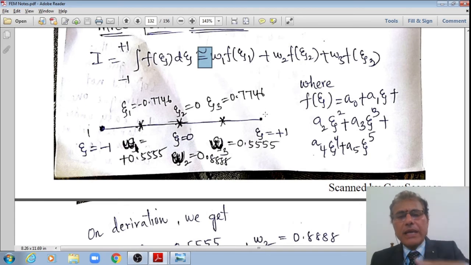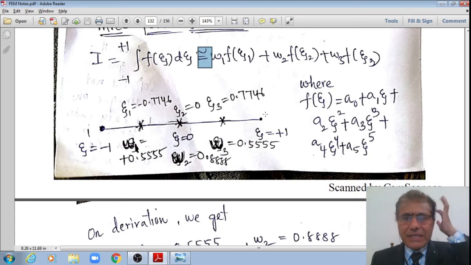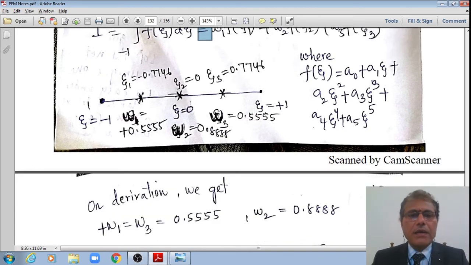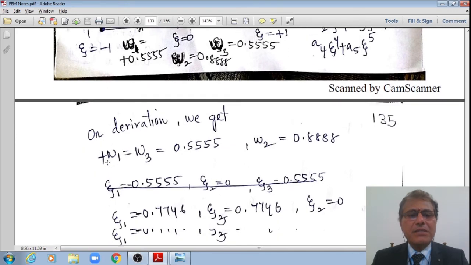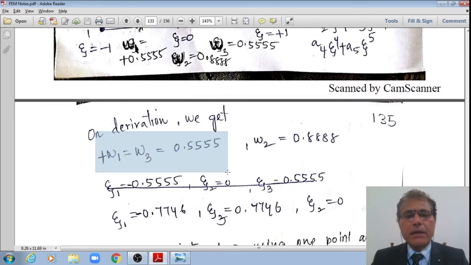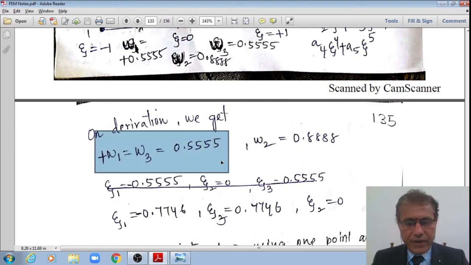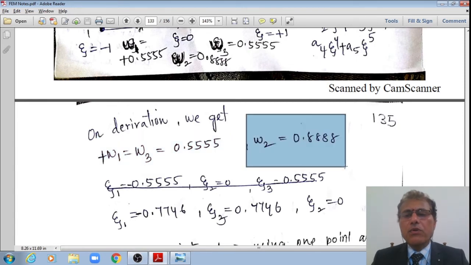Now I'll get like that 6 simultaneous equations, solving which now you will get these 6 unknown parameters as w1 is equal to w3 is equal to 0.5555, right? Actually, it is an infinite series, but let us restrict it to 4 or 8 decimals, sorry, right? Similarly, w2 must be equal to 0.8888, right?